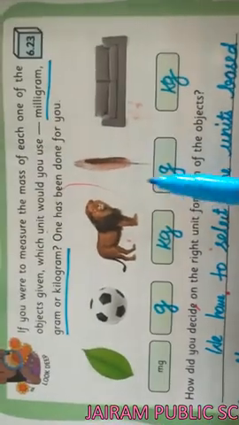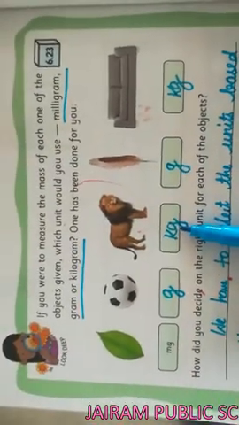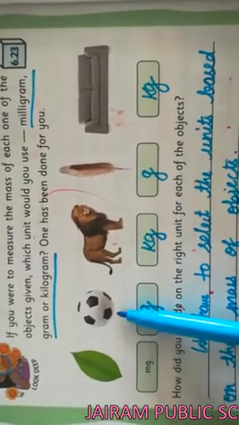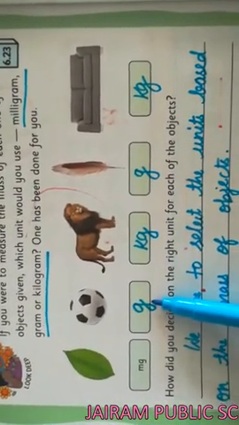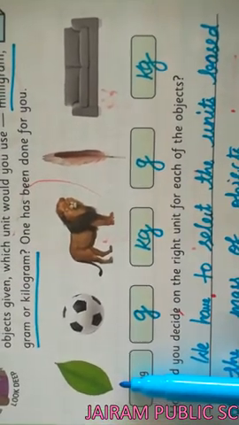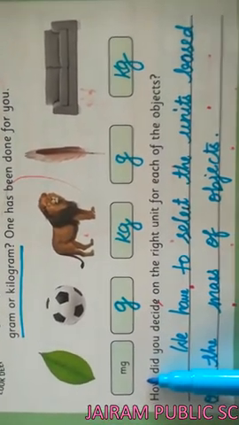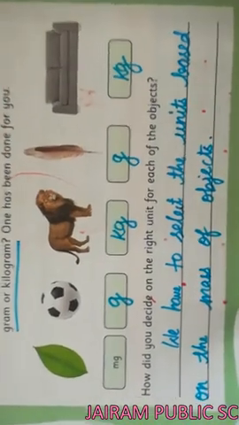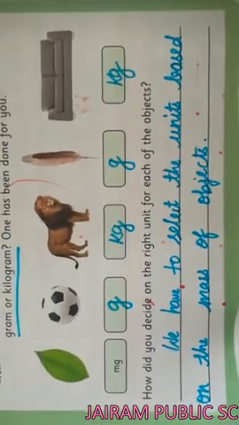See here, if it is heavier, we have to use the kilogram. If it is lighter, we have to use the unit gram. If it is even lighter, we have to use the milligram. Like that we have to decide the units for each object.